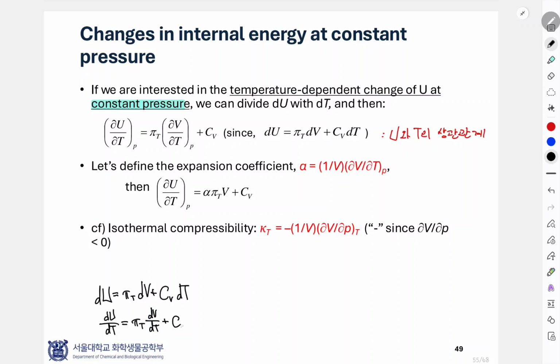Like this, it becomes alpha times internal pressure times V plus the heat capacity, something like this. The physical meaning of alpha is the fractional change in volume that accompanies a rise in temperature. So a large alpha means the volume of the sample responds strongly to a change in temperature.